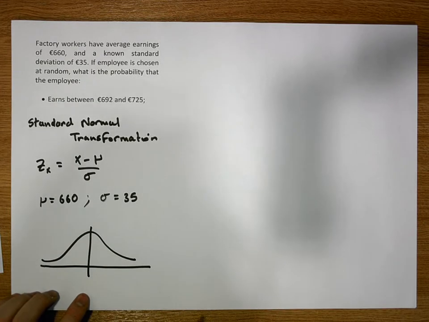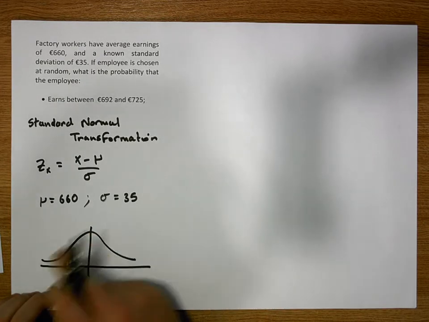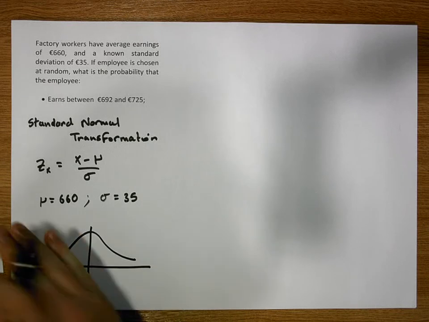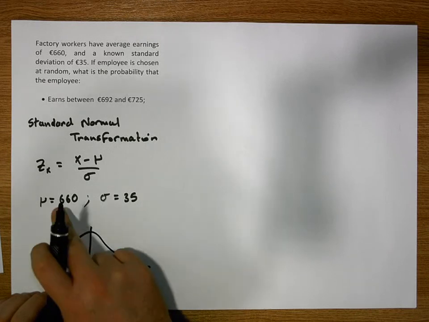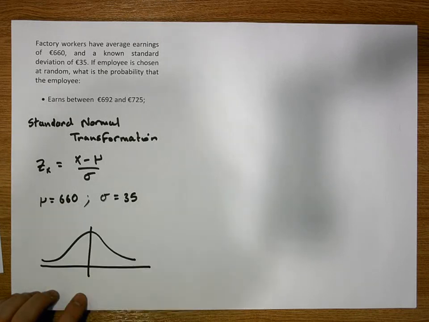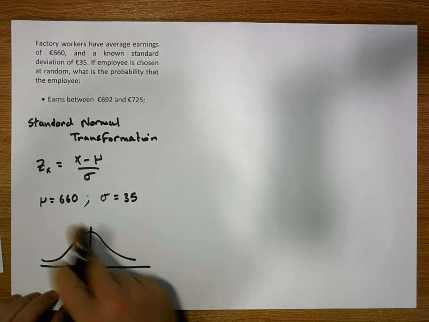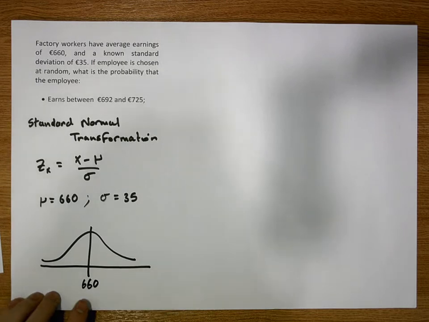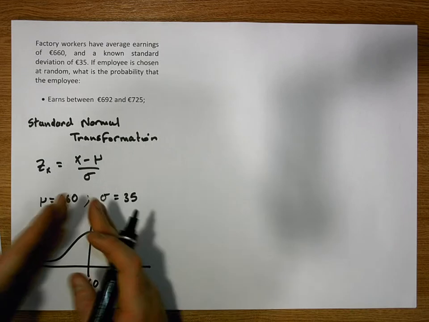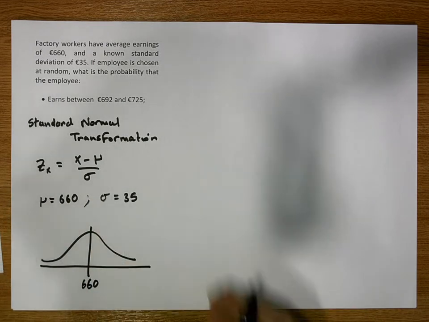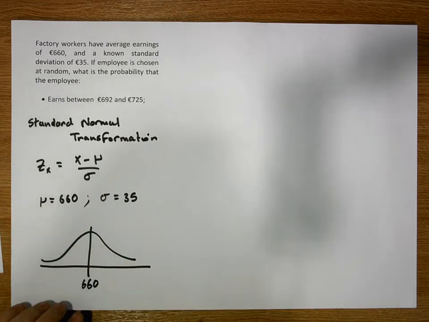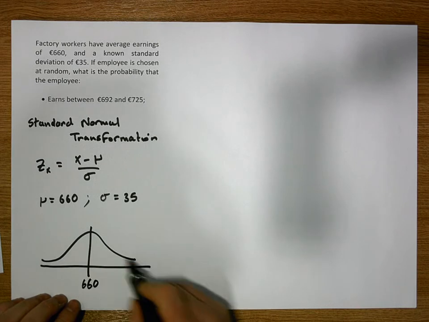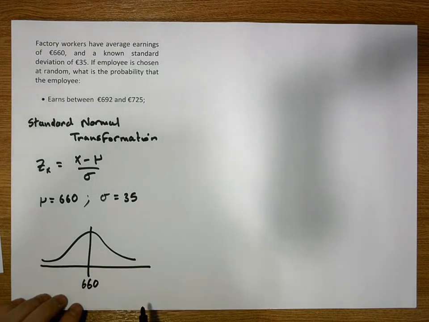Because of the properties of these bell-shaped curves, they're symmetrical, and the center point, which is our measure of center here, is always going to be down the center of the curve. In this situation, the population is centered on 660. So 660 is our center point here. And it has a standard deviation of 35 units, which tells us how skinny or how fat this particular distribution is. So this curve represents our population.